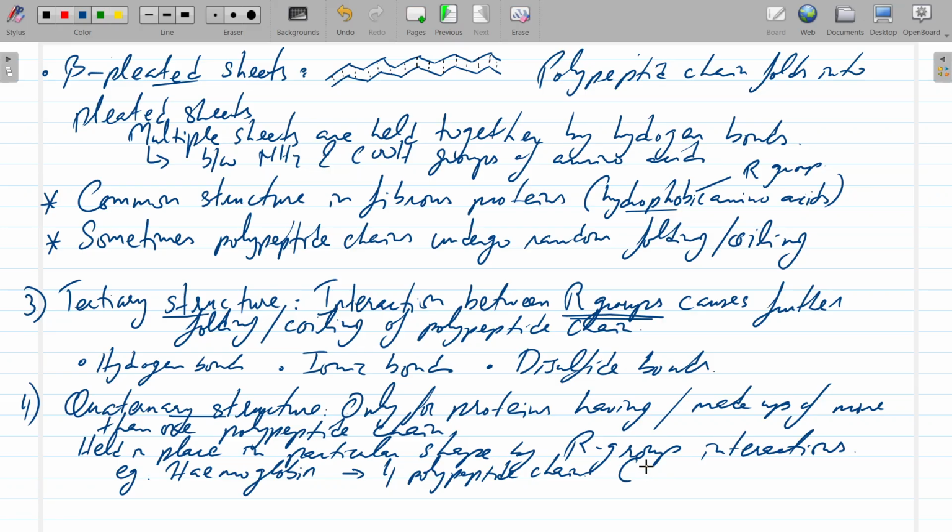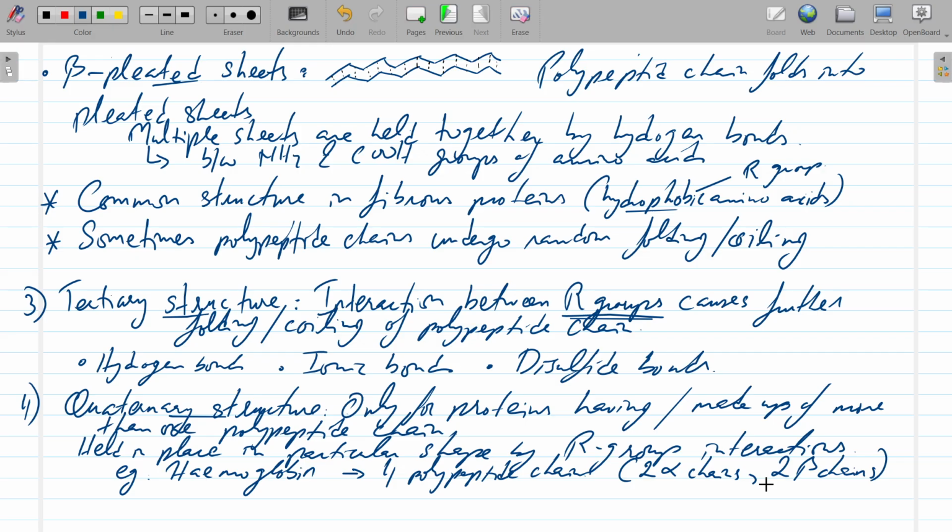There are 2 alpha chains, not going into details, 2 alpha chains, 2 beta chains. Do not confuse the alpha chain and the beta chain over here with the alpha helix and the beta pleated sheet. So that's different.